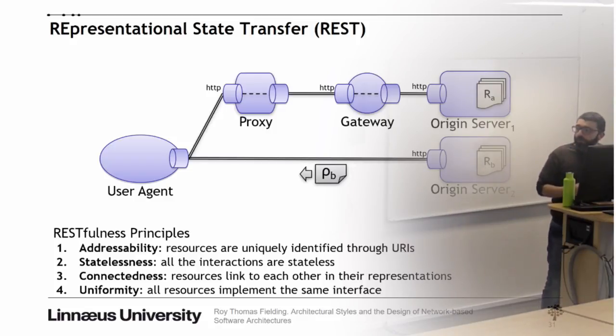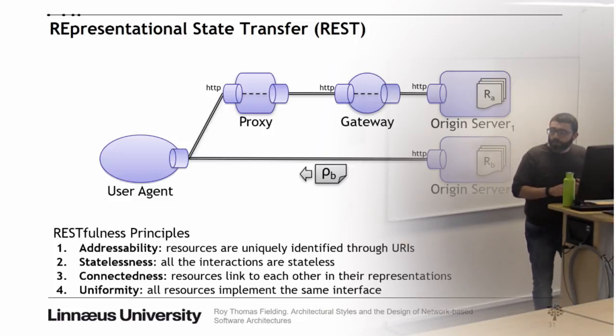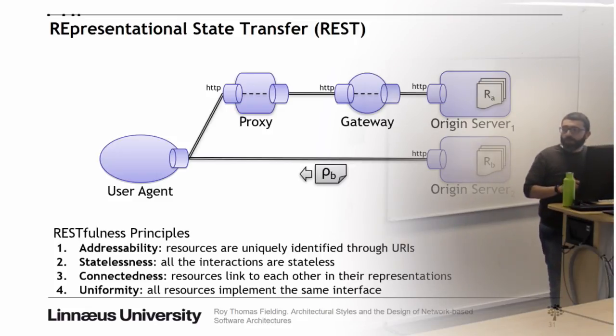How can you represent a record in a database? Well, you can do it in many different ways. You can send back a PDF representing the data stored in the record. You can send back a web page. You can send back a picture. You can send back a Word document. All of them must represent the same resource.